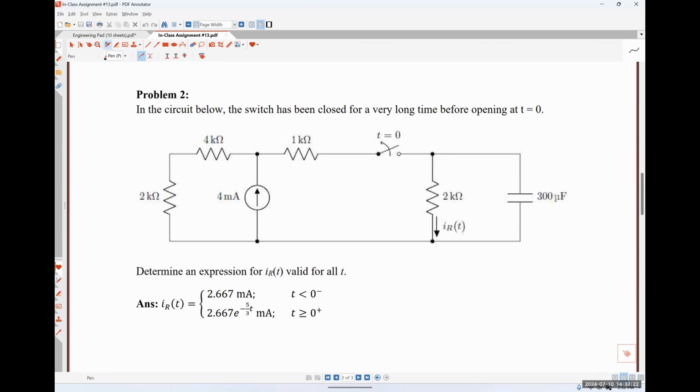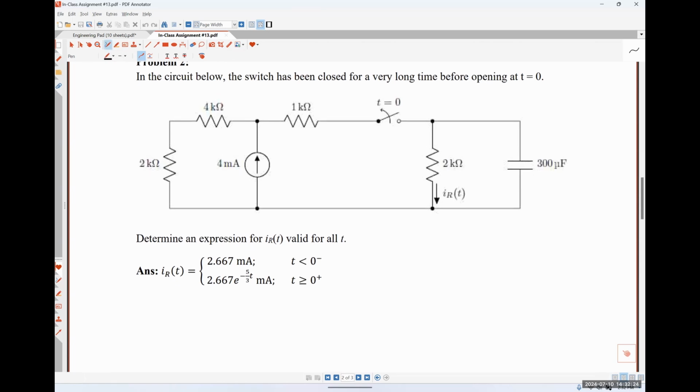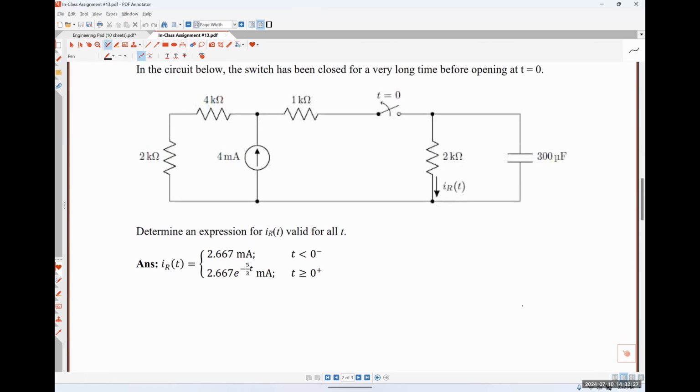So I'm going to introduce you guys to an analysis process. This is pretty similar to what we did when we were doing nodal and mesh, in as much as I'm going to give you a series of steps. And if you do those steps in the order that I ask you to do them, you will get the right answer 100% of the time, okay?